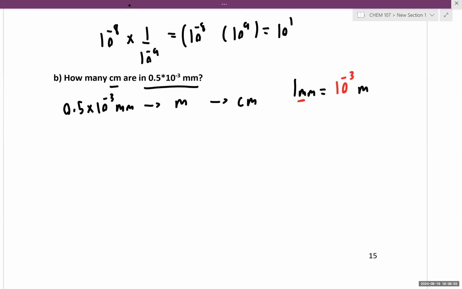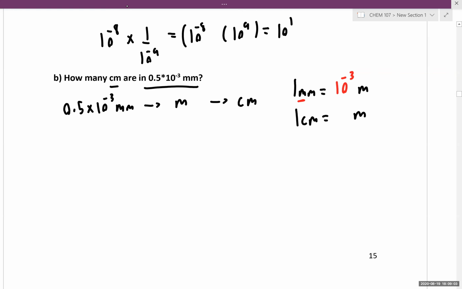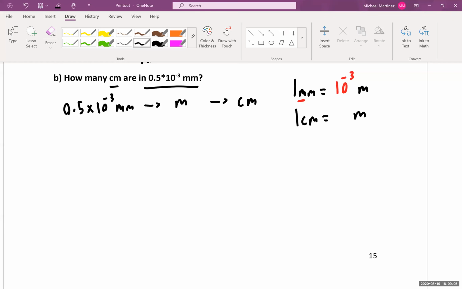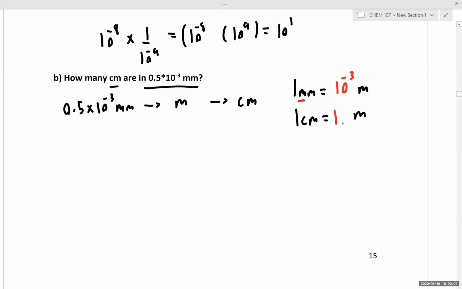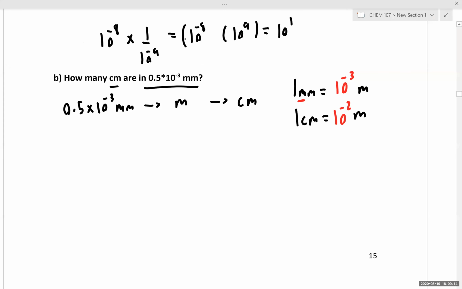Okay, I'm also going to write for my reference the centi prefix. So 1 centimeter corresponds to how many meters? 10 to the negative second. That's exactly right.